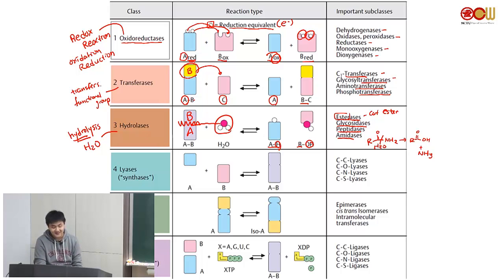So what you see is that hydrolases always use water to break something. Just remember that. Initially you have a molecule, and then when you use water, it splits. Those are hydrolases.